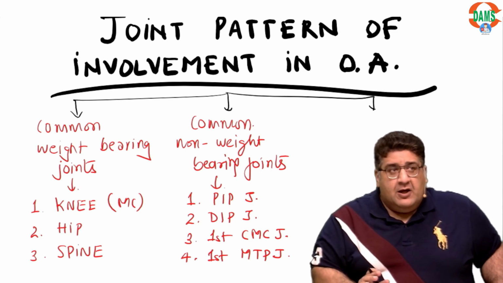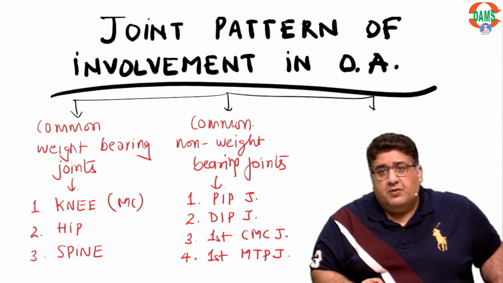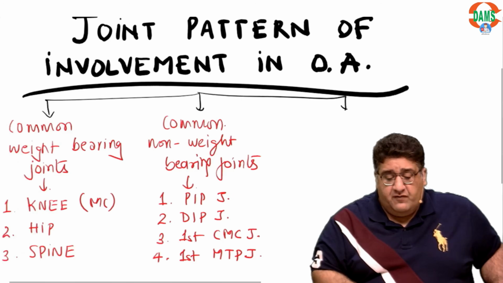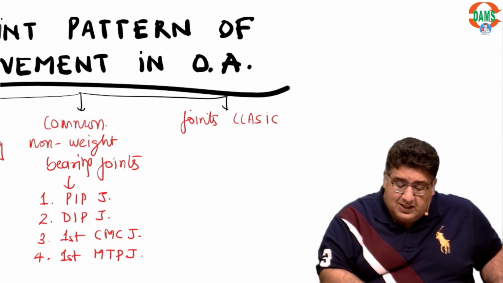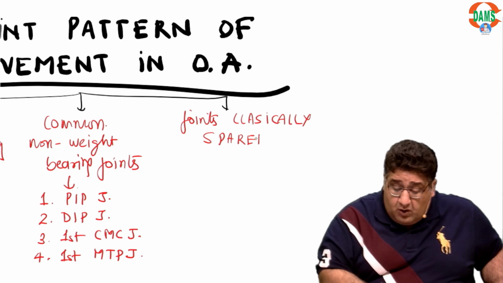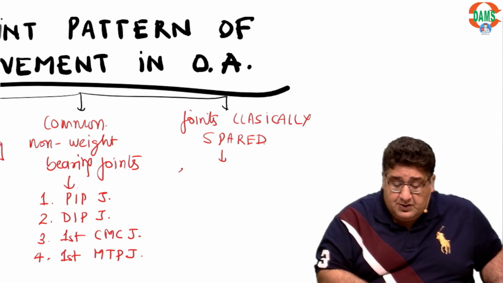After understanding the common weight bearing joints and the common non weight bearing joints, we need to understand the joints which are classically spared. When I say classically spared, what does that mean? That they are classically not involved. They are only two. The first one is wrist joint, while the second one is metacarpophalangeal joint.